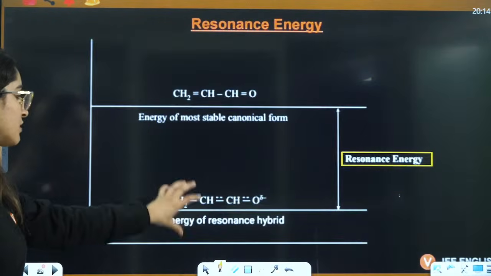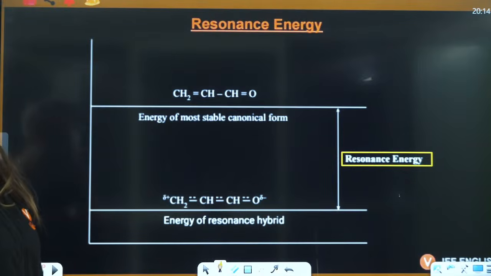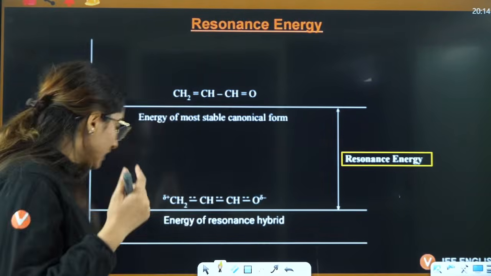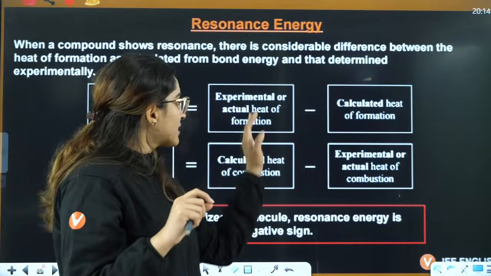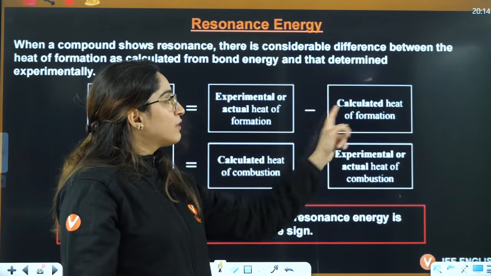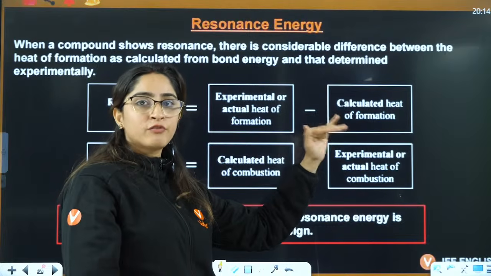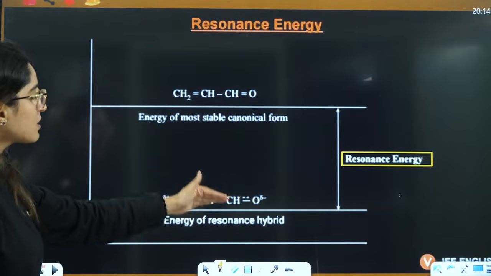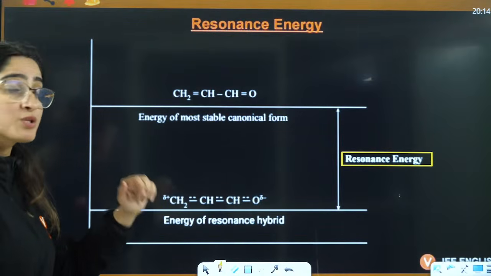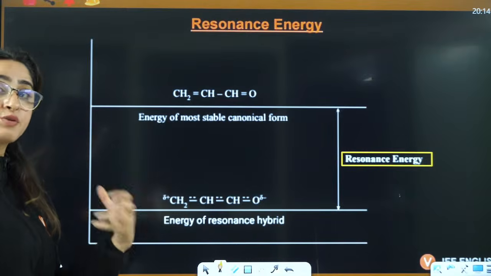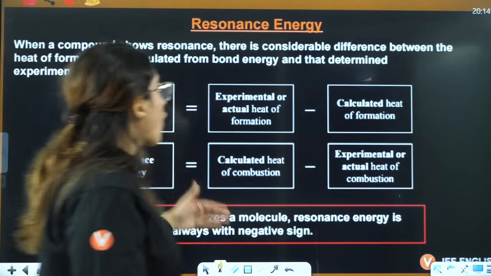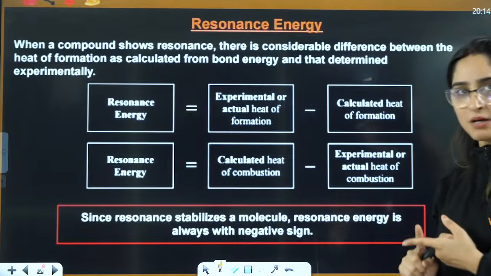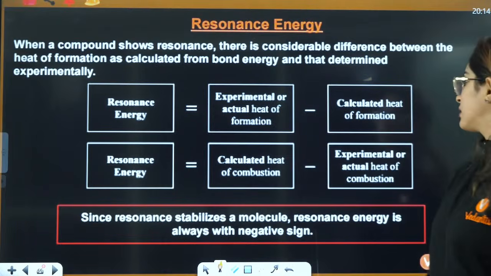Because of the resonance hybrid and resonance structure. So you don't get the actual energy that you calculate in the books. What you think it should be is different from what you find while doing the experiment. Because of the energy difference between the resonance hybrid and resonance structure, when you actually solve a molecule which is showing resonance, it will show different heats of formation and combustion for calculated and experimental, right?